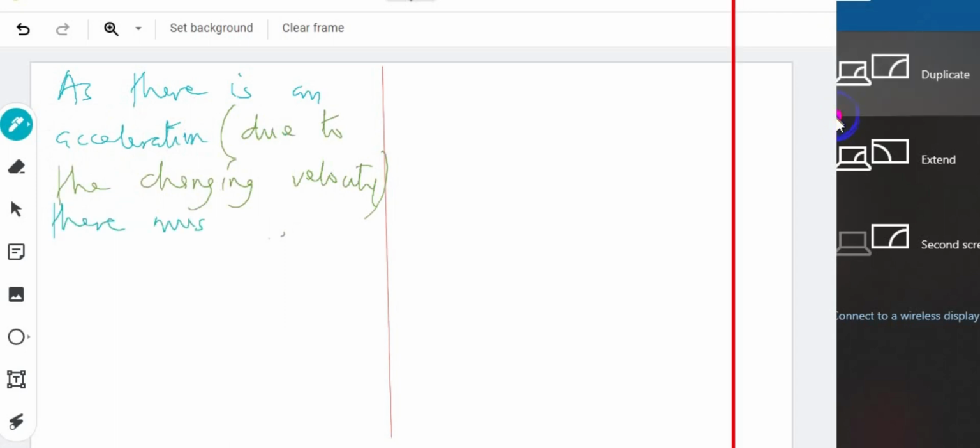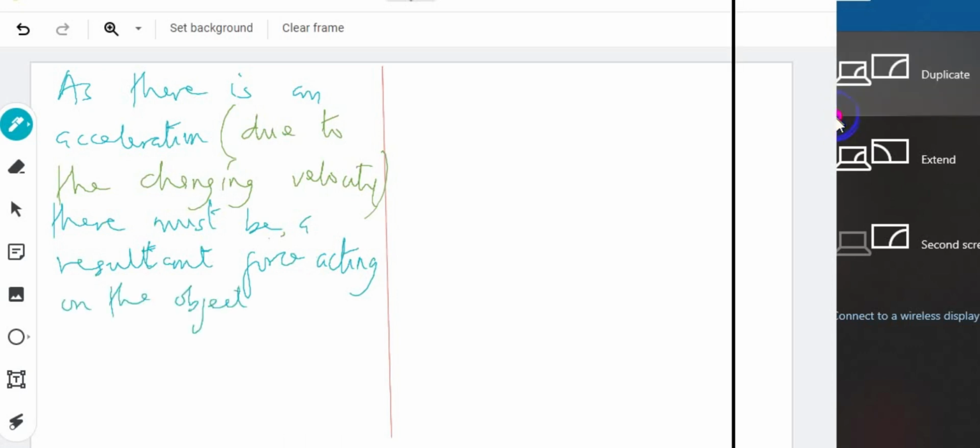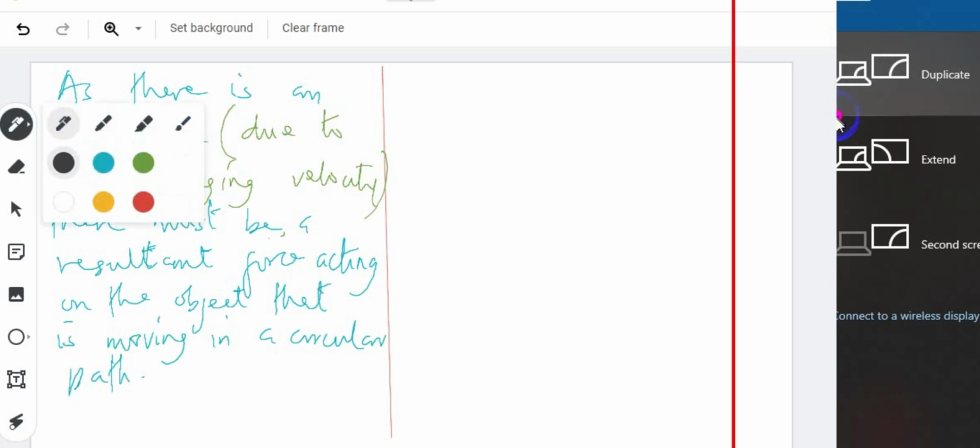There must be a resultant force acting on the object that is moving in a circular path. Now, this resultant force is directed towards the center, and that's what we call the centripetal force.